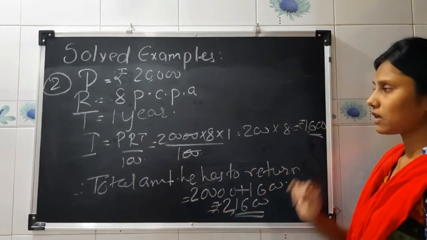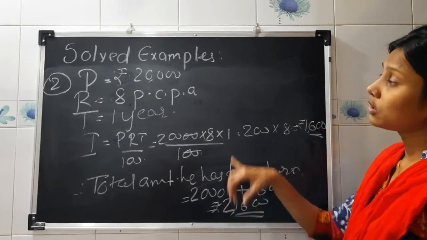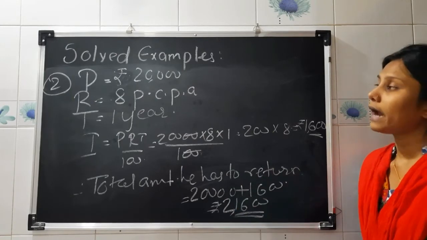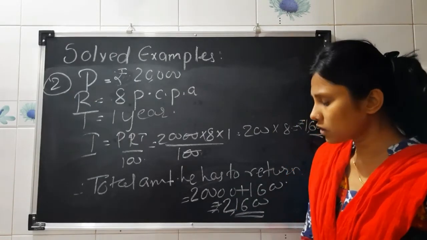So rupees 21,600 is the total amount which Vilasrao should return to the bank at the end of the year, after 1 year. Understood?